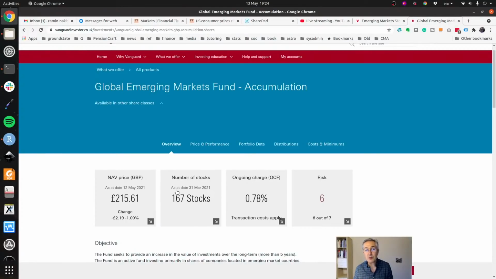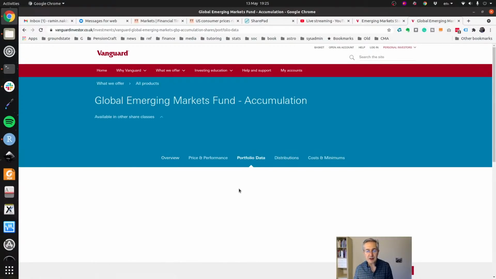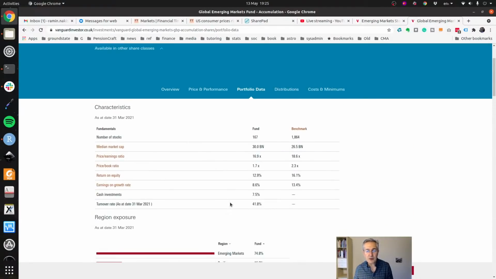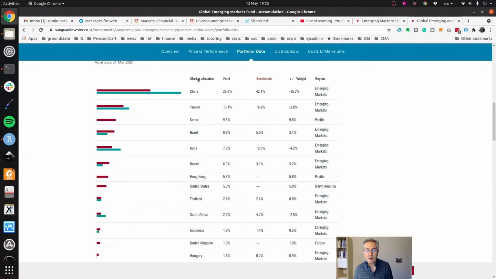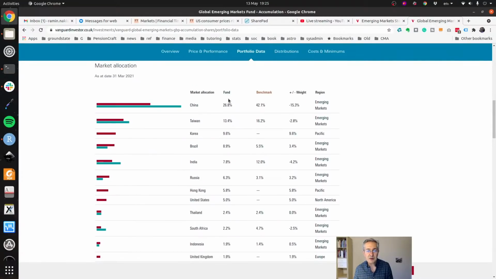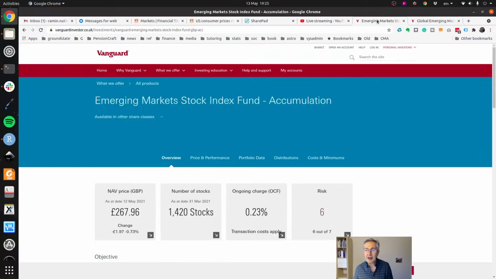Notice that this is much more concentrated, because active managers generally, to outperform, will concentrate their portfolio in the stocks that they think will outperform. And anyway, there are far fewer stocks in that. And if we look at the country exposure, comparing those two, for this active one, the China allocation is about 27%, a little bit less than I'd expect from market cap.